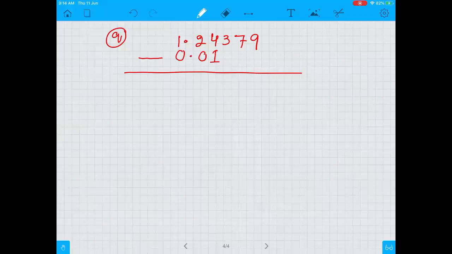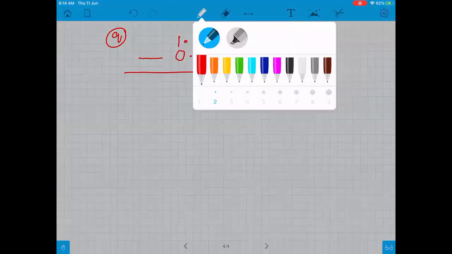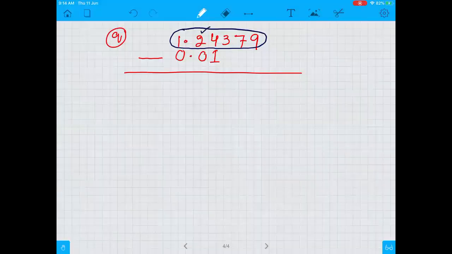First of all, which one of them is least precise and which one of them is more precise? If you focus on this value, it has 1, 2, 3, 4, 5 decimal places. This value has 5 decimal places.